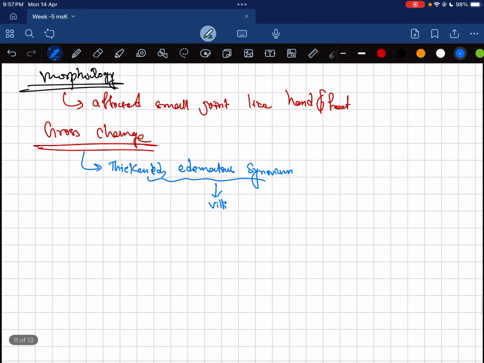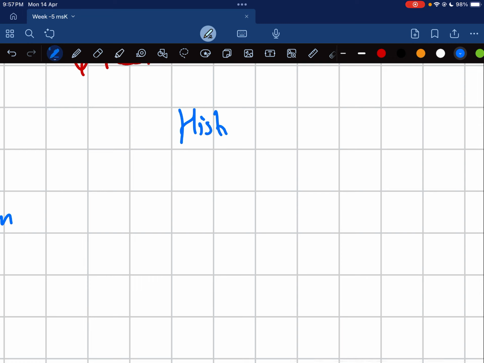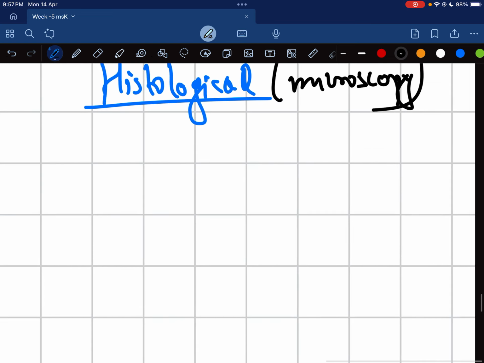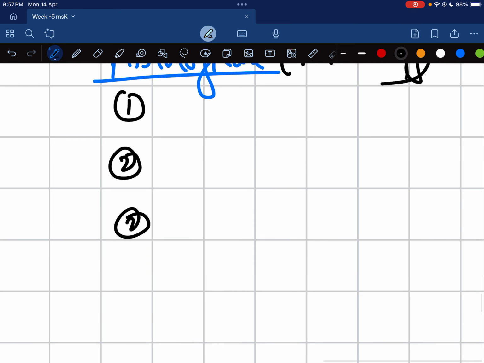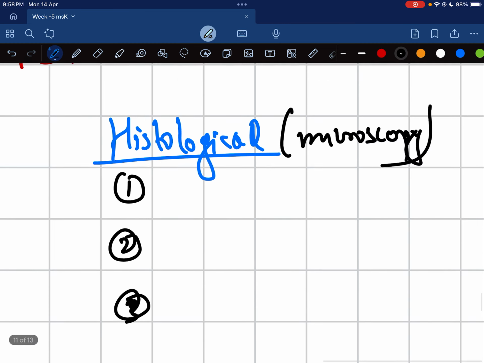There are also histological or microscopic features.